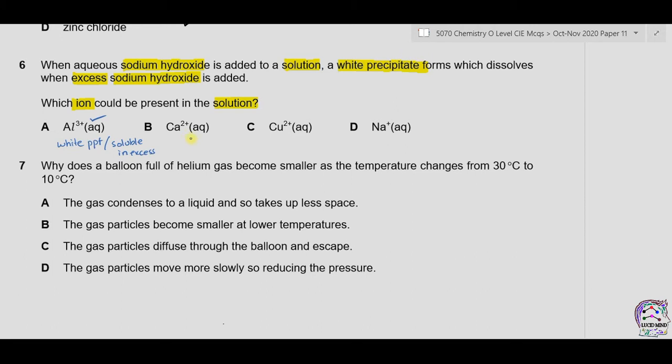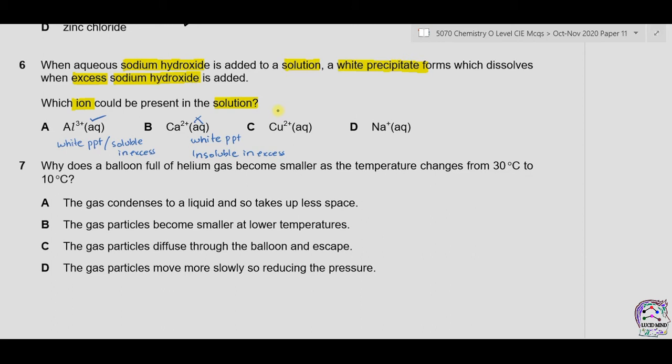B is calcium ion. It also forms white precipitate with sodium hydroxide, but it is insoluble in excess. So B is incorrect. C is copper plus 2.